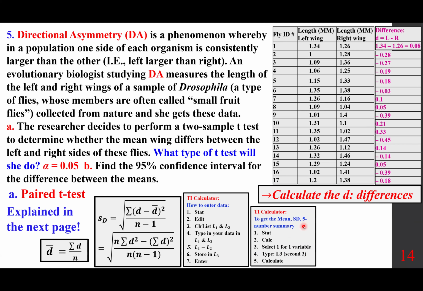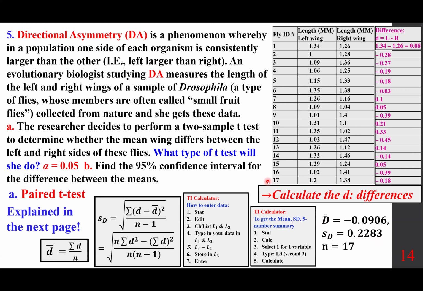Now we run the 1-variable stats. It gives us D bar, and on purpose I use lowercase here and uppercase here, meaning they are interchangeable, which is not the case in math. Lowercase and uppercase have different meanings, but over here, depending on the text, S sub D is 0.2283, and N, of course, we already know is 17.